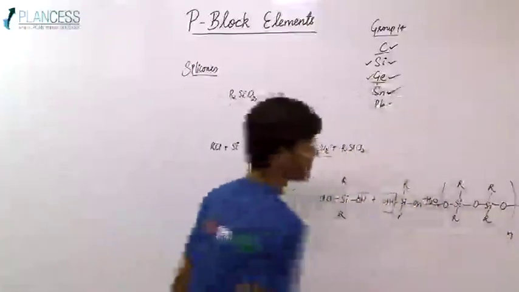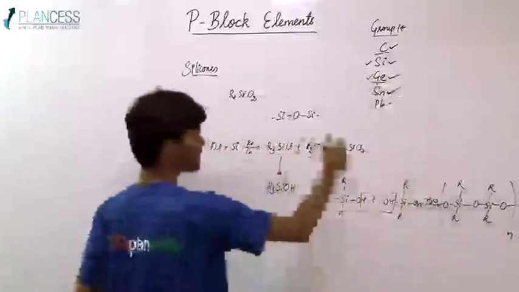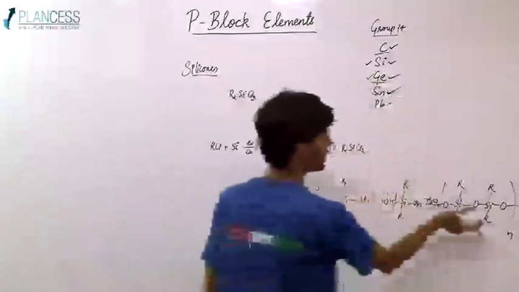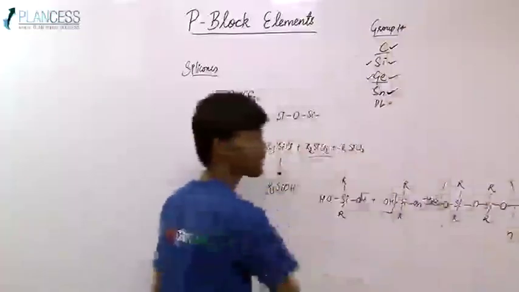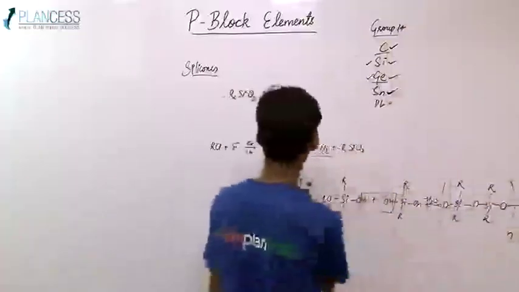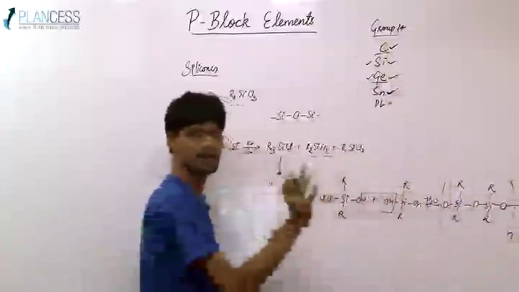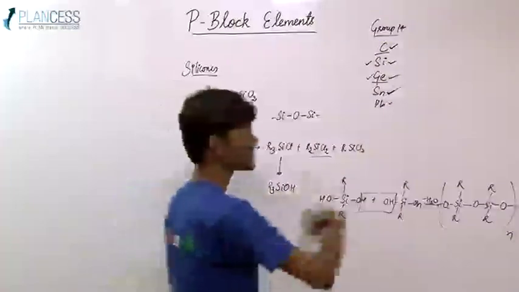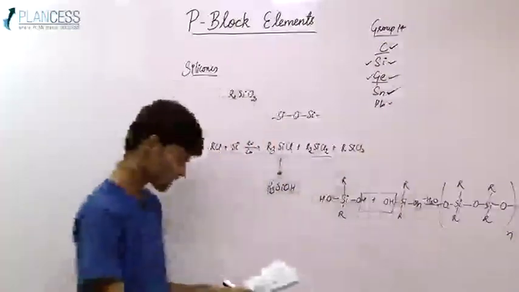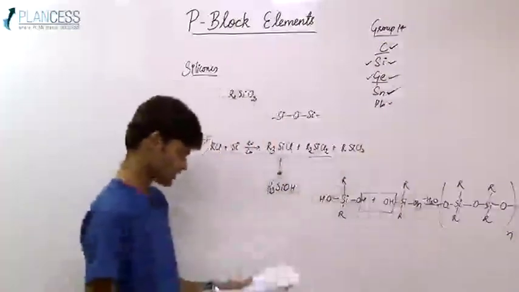Different amounts of structure: in case of 3 chlorines, it would extend on the upper side also. So this is linear, this would be planar, and this one, R3SiOH, was again a dimer compound. So based on the different combinations, different silicones are produced, and this is all about silicones.